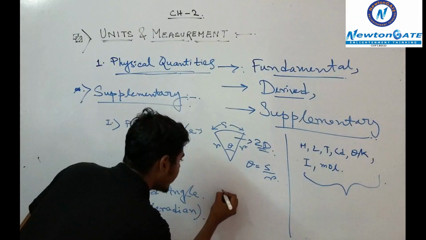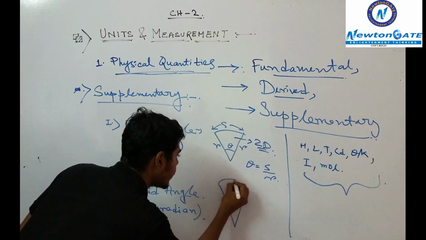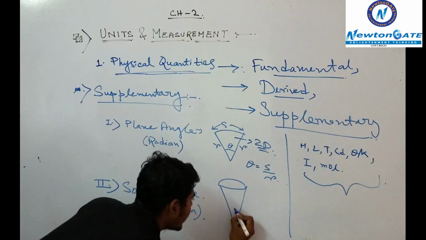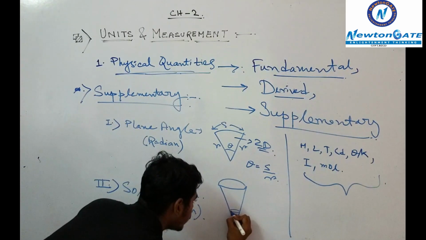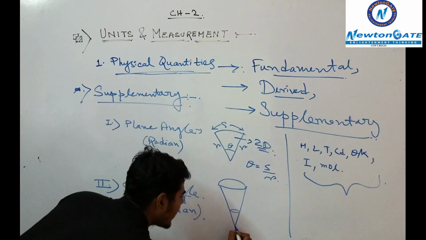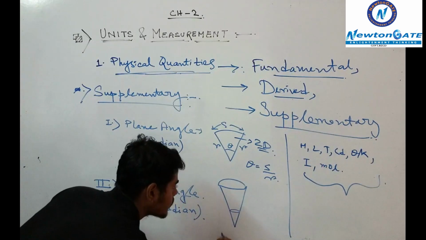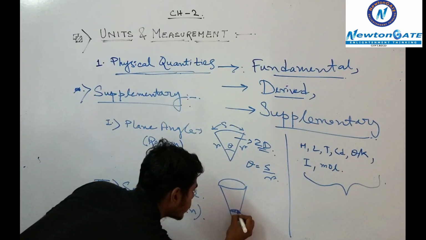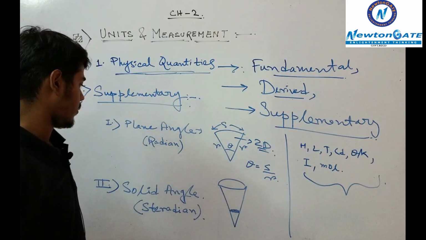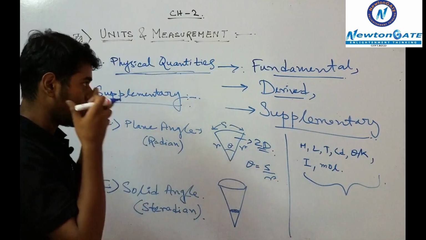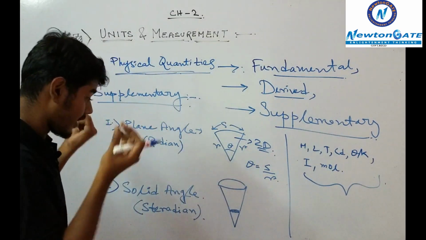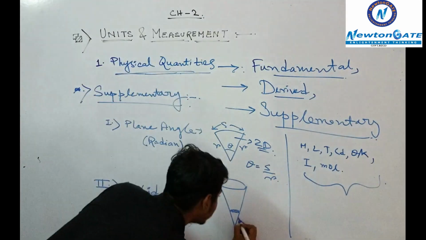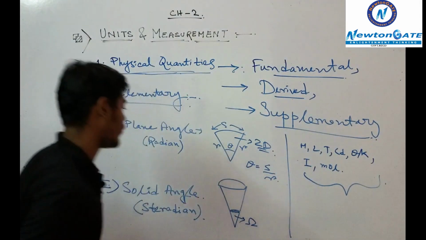But in case of solid angle, we have to consider a cone, and near its vertex, at the pointed end, an angle is formed. We find it in a birthday cap, a Christmas cap, or an ice cream cone. This is solid angle, expressed as omega.